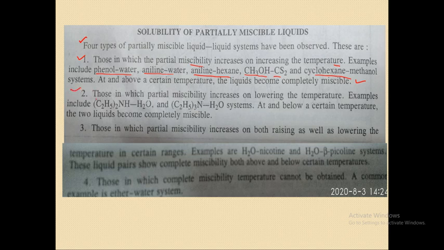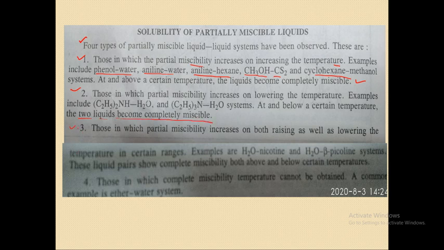Type number 2 is those liquid systems in which miscibility increases on lowering the temperature, for example the triethylamine and water system. At and below a certain temperature the two liquids become completely miscible.